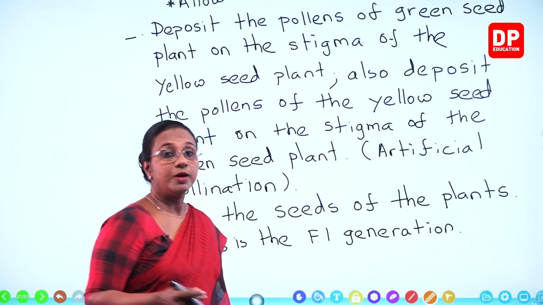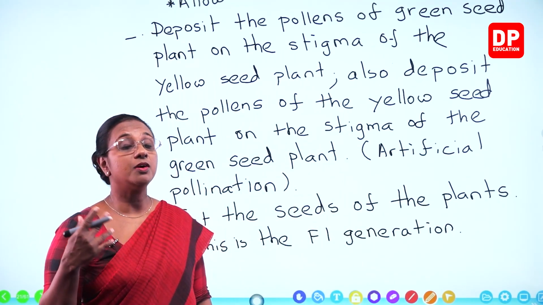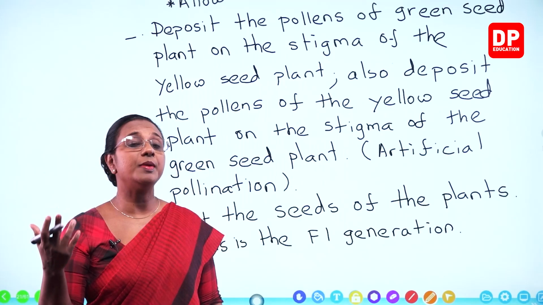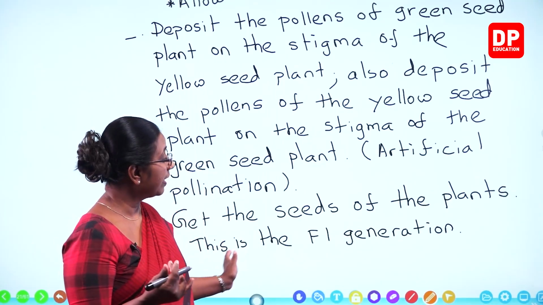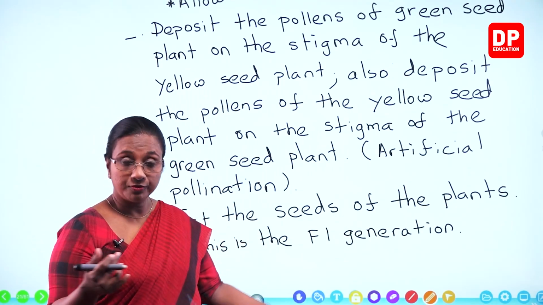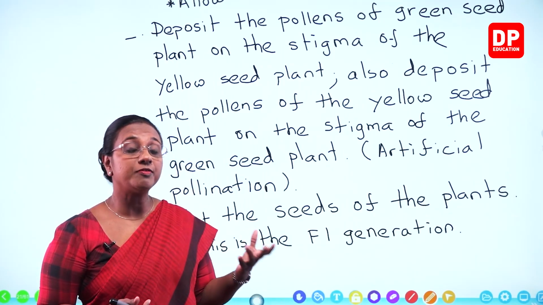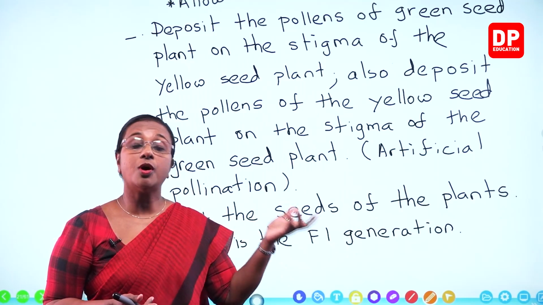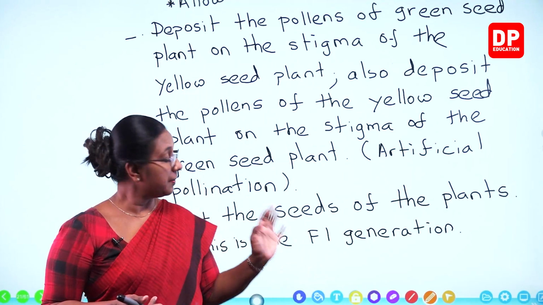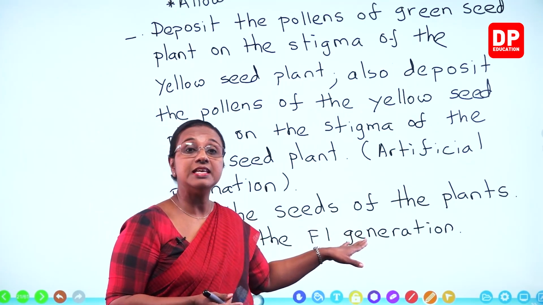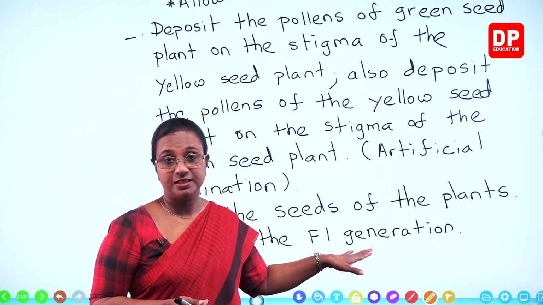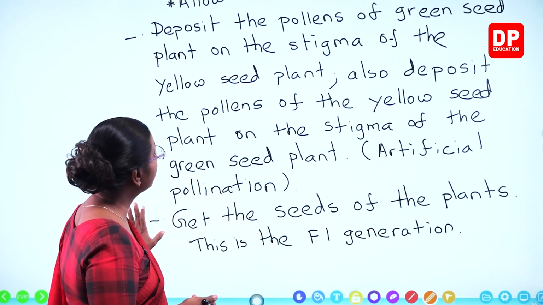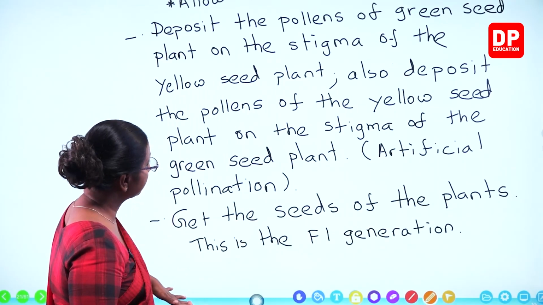Now, if you were to look at the color of the flower or the shape of the flower or maybe the color of the fruit, of course, you can observe the fruit here. Color of the flower, you might have to plant the seeds again, grow them to observe the color of the flower. But here, of course, it is the seeds that we are concerned with. So then we don't have to carry out the rest of the steps.